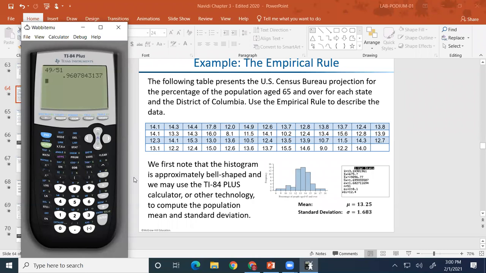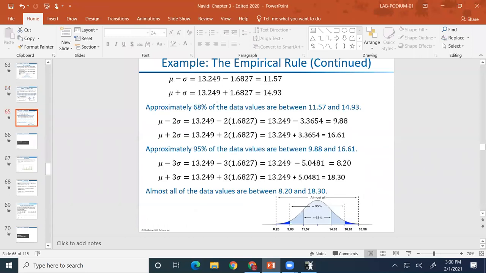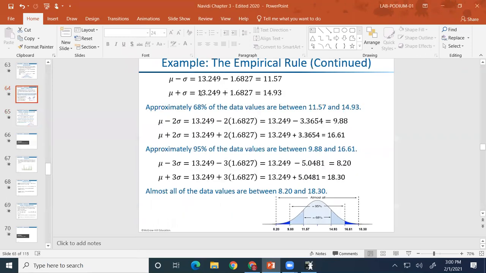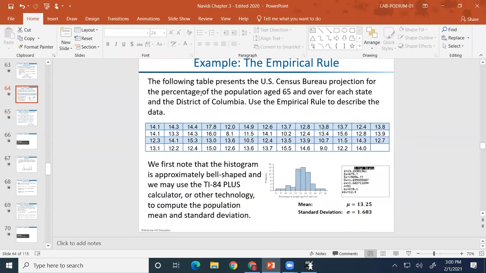And then I think almost all gets even better, because it's 18.2 and 18.31. There was nothing greater than 18.31, I don't believe. And the only one that was lower than 8.2 was Utah, 8.1.